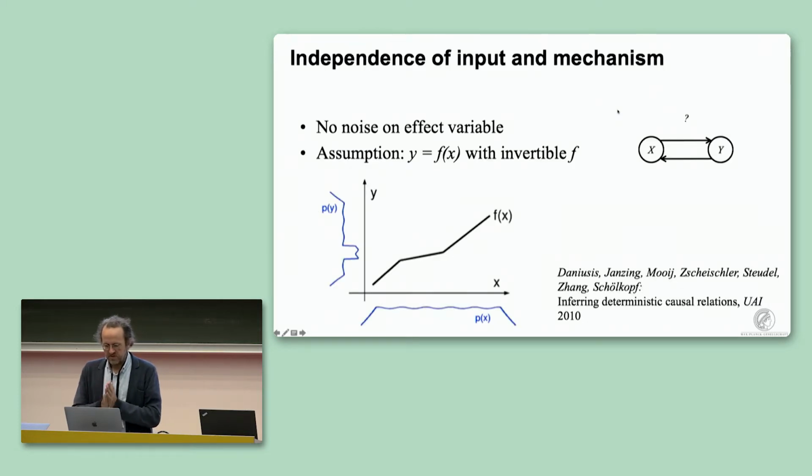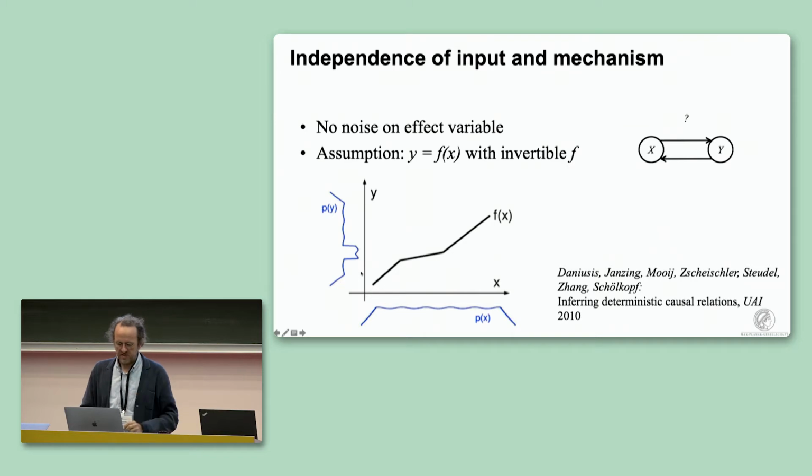Now let's go back to the special case of two variables and look at a particular simple example where we have an input, a cause with some distribution of the cause. We have a mechanism, in this case a mechanism without noise, and then we have the effect.